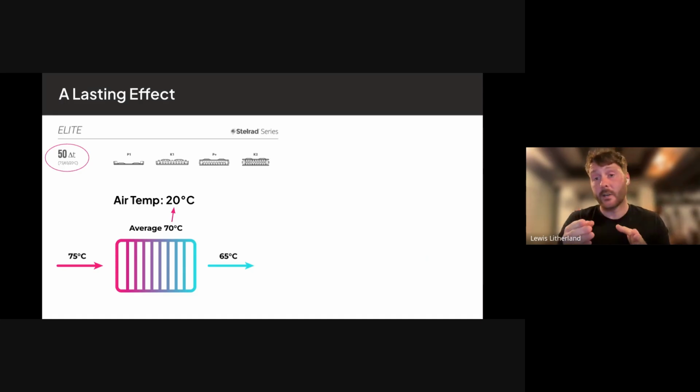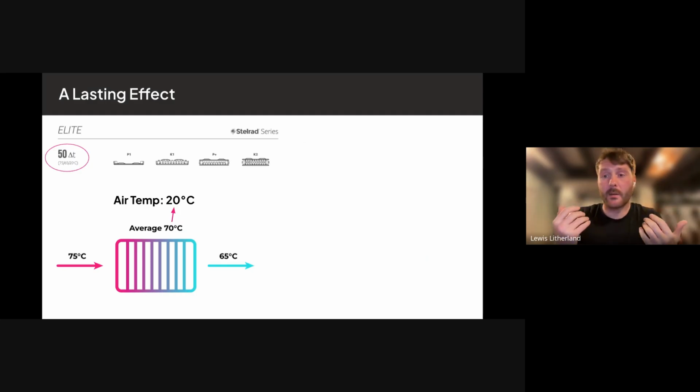You've got a 65-degree return temperature, so your mean water temperature in that scenario is going to be 70 degrees. You then have a 20-degree air temperature. So what they're saying is basically the difference between the average temperature of the radiator and the air temperature is 50 degrees, or 50 Kelvin. So what they say is my output of this 600 by 600 radiator is, let's say, 1 kilowatt at Delta T50, and they give you them measurements.